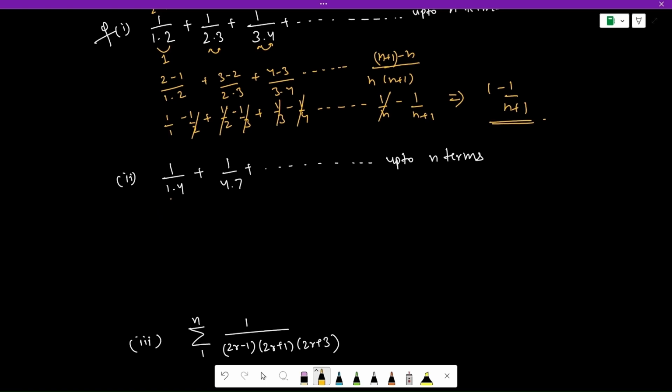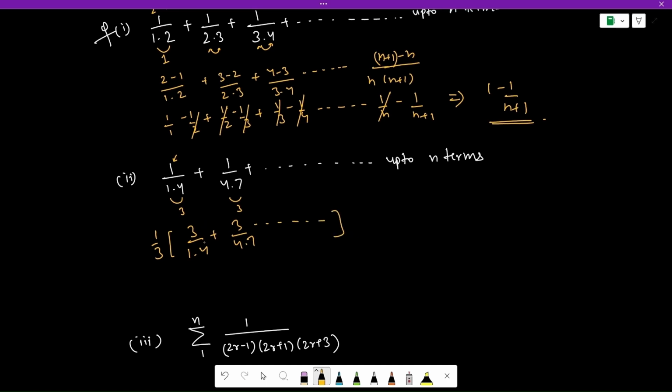So as you can see here, these have a difference of 3 in them, right? So what we can do is, to make the difference of 3 in the numerator, we will multiply and divide by 3. So we will write 1 by 3 into 3 by 1 into 4 plus 3 by 4 into 7 and so on till the end.